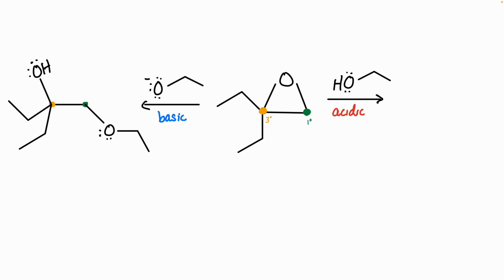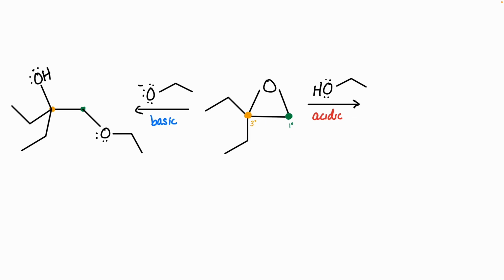Under acidic conditions, now I'm going to have to attach my nucleophile to my tertiary carbon, to the orange one. So that means that orange carbon is going to have my nucleophile added. Remember, those neutral nucleophiles will lose a hydrogen in the process.